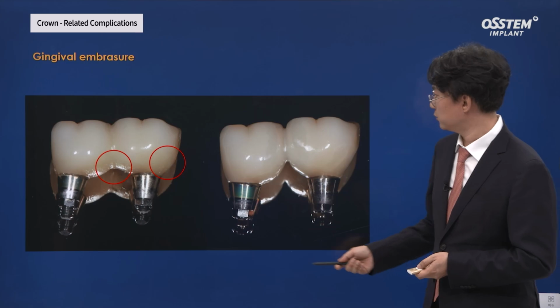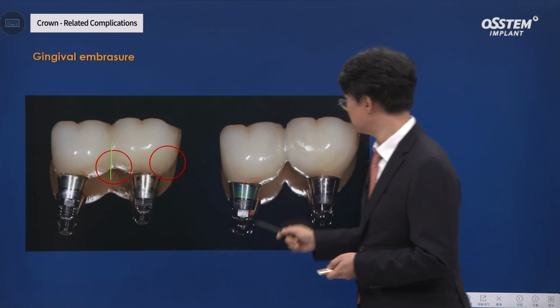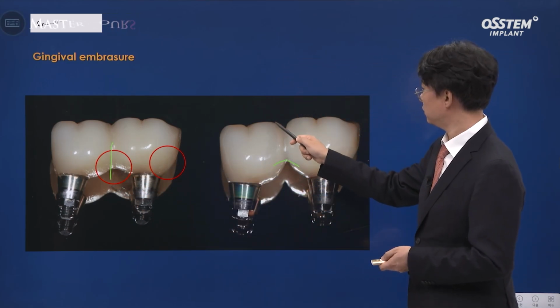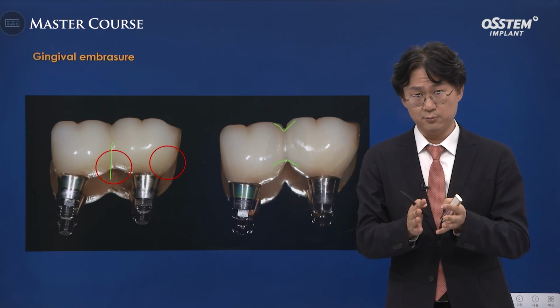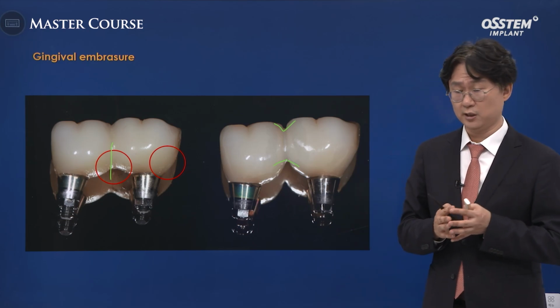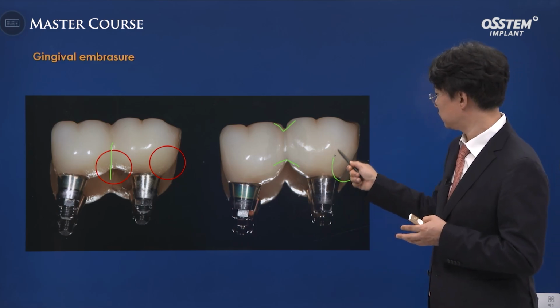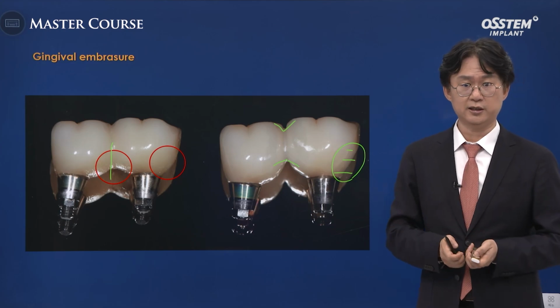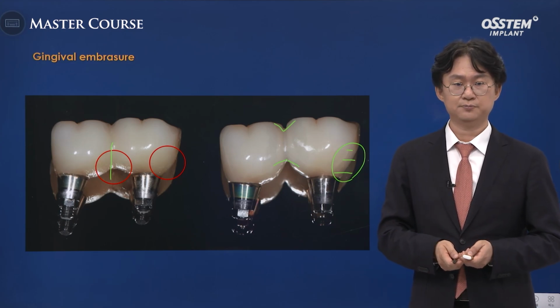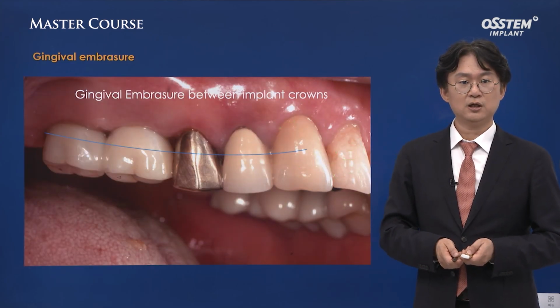I'll show you how I modified the prosthesis in this patient using a disc. This part was modified. The embrasure was opened. Buccal and lingual embrasure was expanded. The contact area with the natural tooth, the contour was reduced so the papilla is not pressed down.